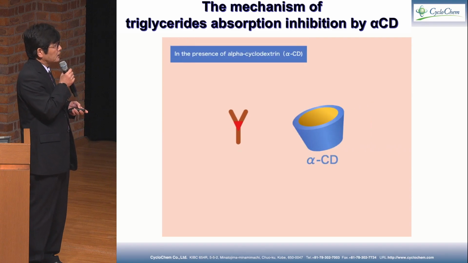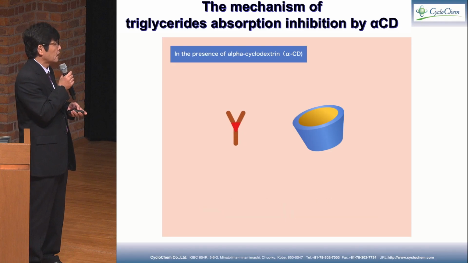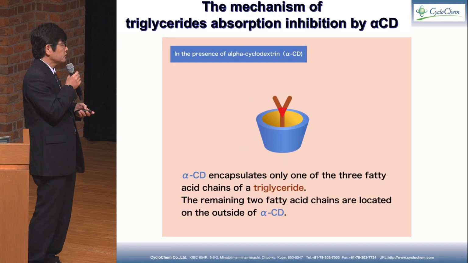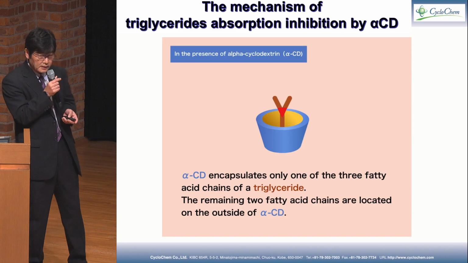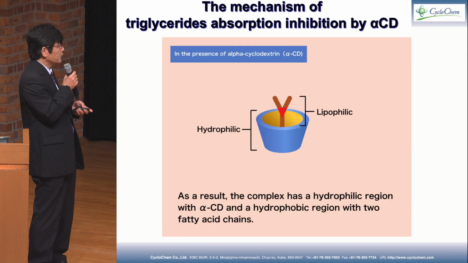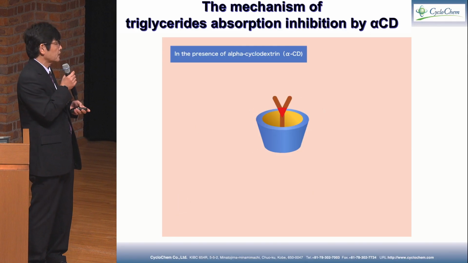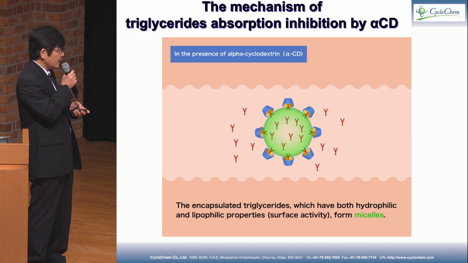But in the presence of alpha-cyclodextrin, the triglycerides can be encapsulated, but only one of the 3 fatty acids goes in. That means the lipophilic part and hydrophilic part are both in the complex. That's why it makes a micelle.